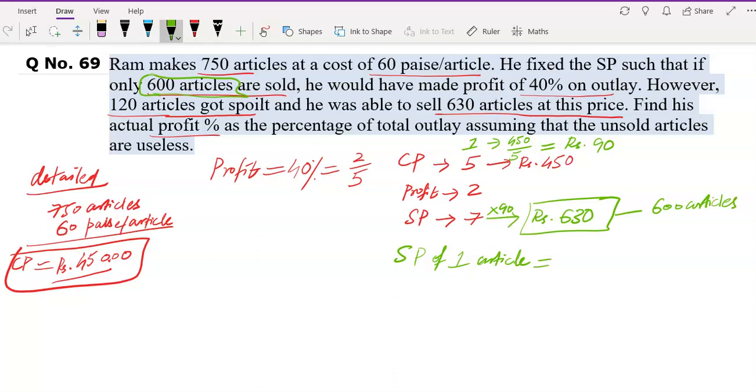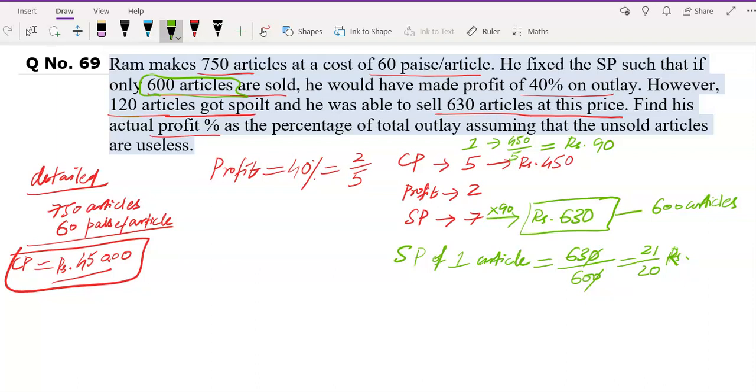So the SP of one article will be 630 divided by the number of articles, which is 600. ₹21 upon 20 rupees. So this is the selling price of one article, 21 by 20 rupees.